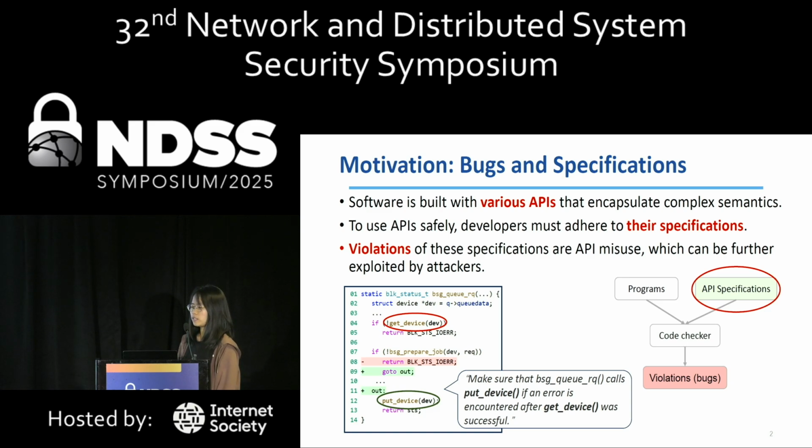Like the example here, after a successful call to get_device, developers should release the reference with put_device. The bug violates this. An API specification plays a key role in detecting such bugs, as without it, we cannot detect the related bug.